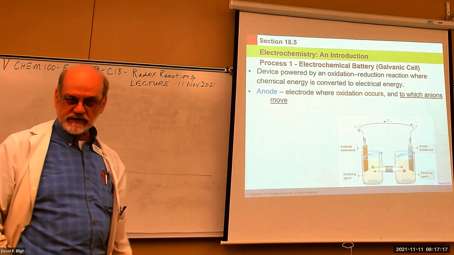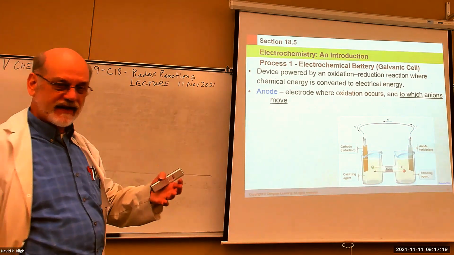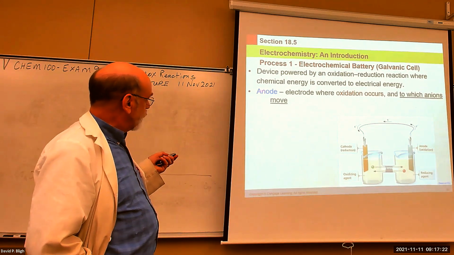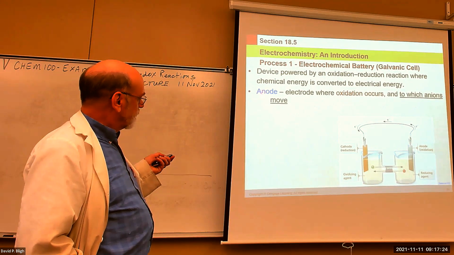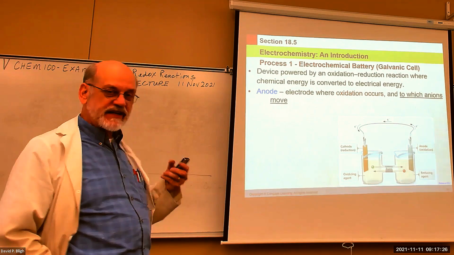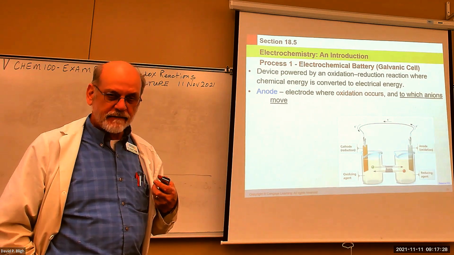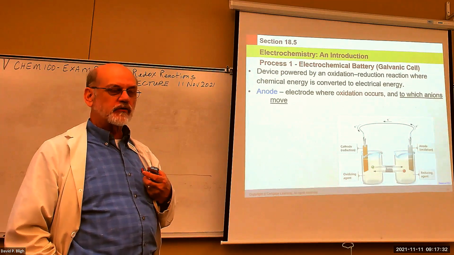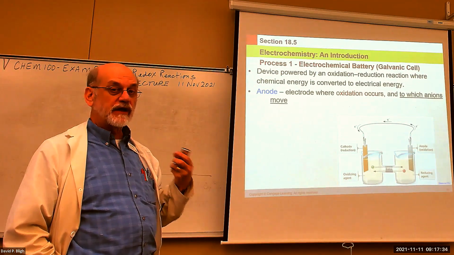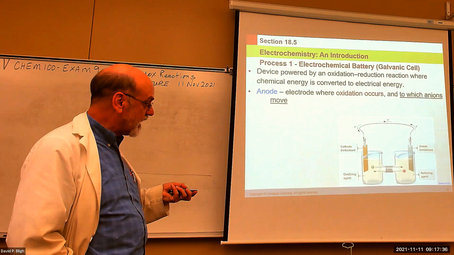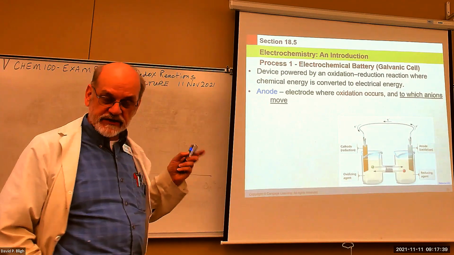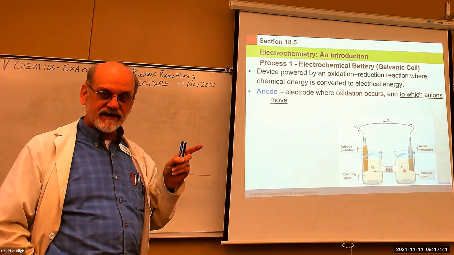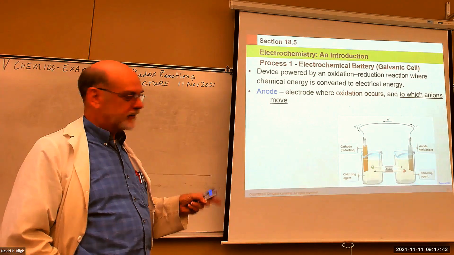Now we have names. When we build these cells, the anode is on the side where oxidation takes place. So if our species goes from +2 to +3 iron, oxidation takes place at that site. That is the anode.